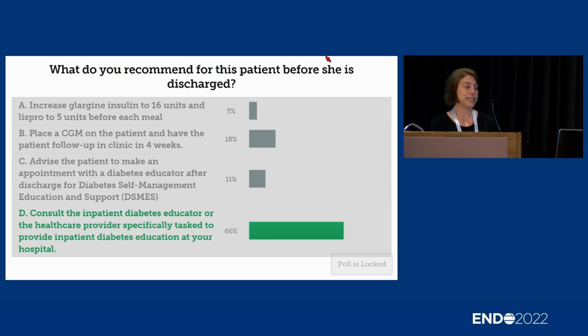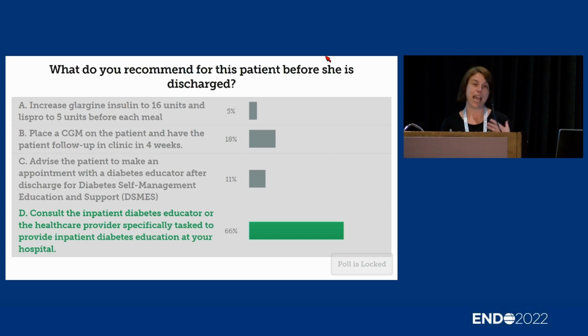Option B, place a CGM on the patient. Although a good option, because we know that CGMs are wonderful, especially in the outpatient setting and teaching patients, placing a CGM that only lasts 10 or 14 days and then following up in 4 weeks, definitely not a good choice. We know that when we place CGMs on patients, we need to provide that education on what to do with those numbers.